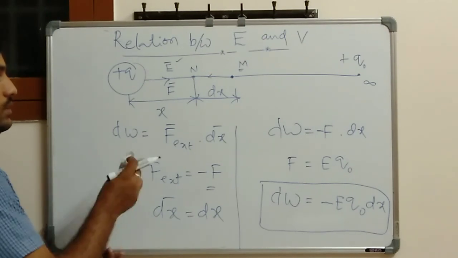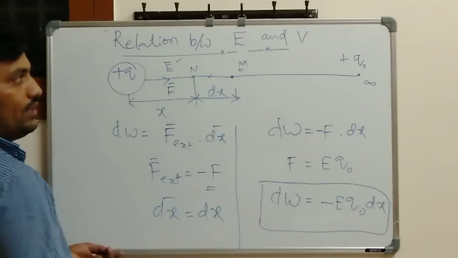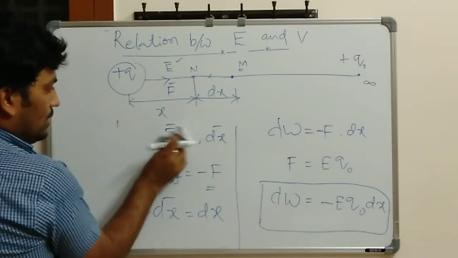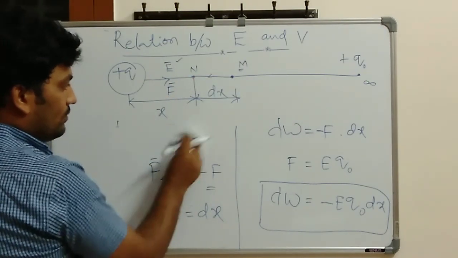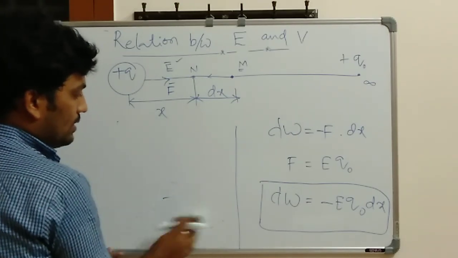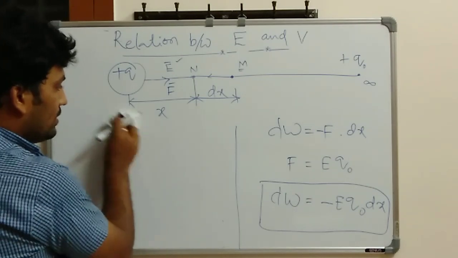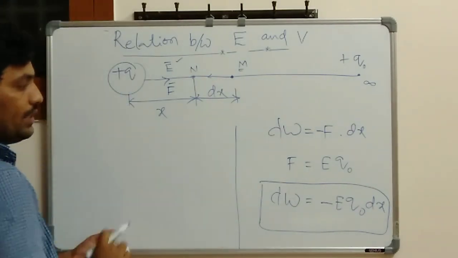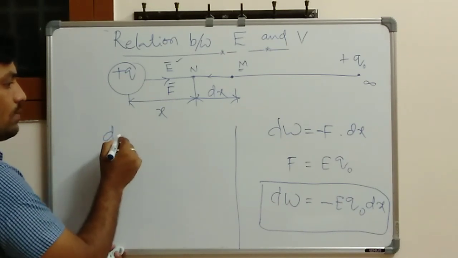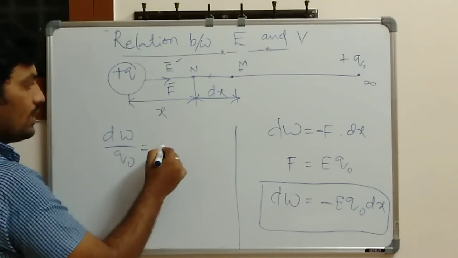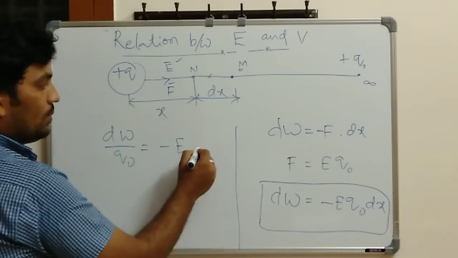Now I am not removing this equation, but I am going to remove the diagram on this side. If I take this boxed equation, dW divided by Q0 is equal to minus E into dx.